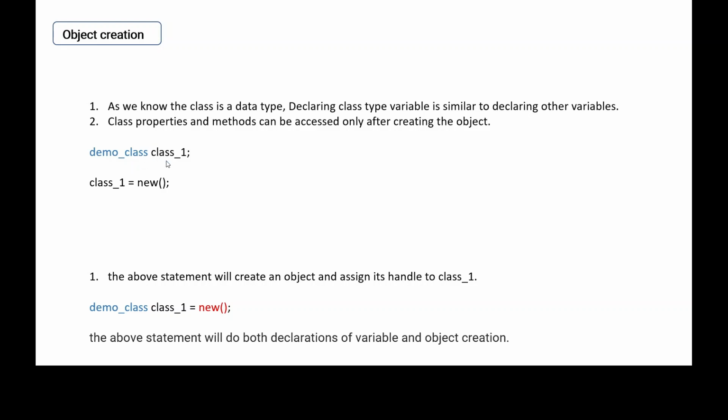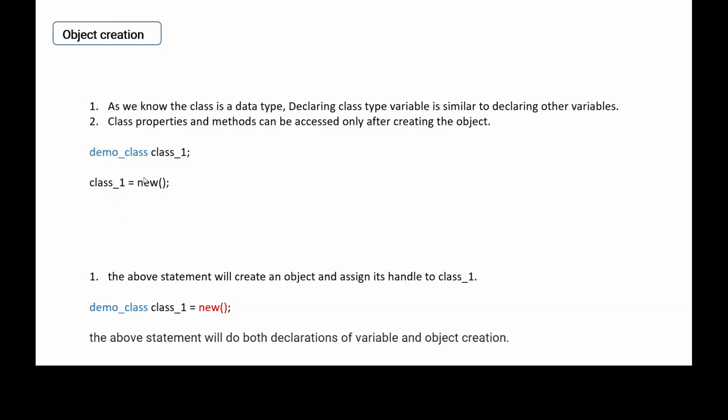In this, we are creating the handle. We have already discussed that classes are data types created by the user, so a class should be declared initially before creating an object. Just as int is a data type and x is a variable, demo class is a user defined data type, and class1 is a variable of type demo class.